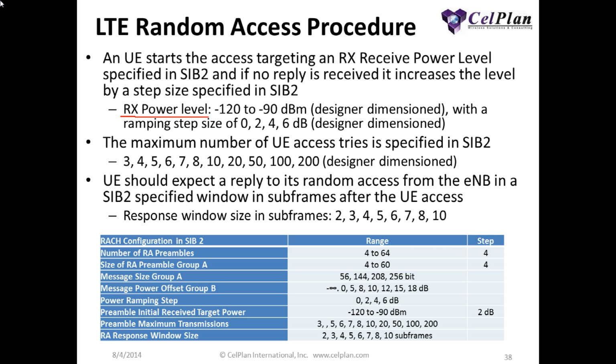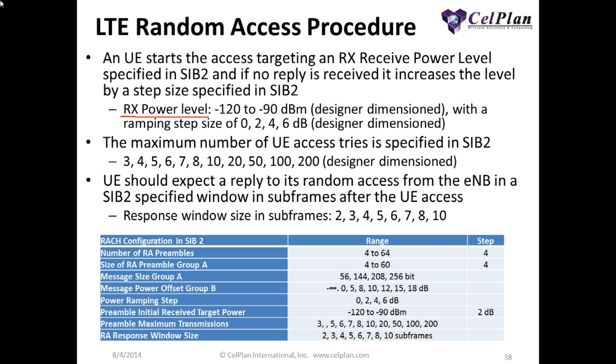Well, the UE doesn't know how far it is. So the only way to place this level inside the target, and the target can be between -120 and -90 dBm. So it's up to the network designer to specify the value. Let's suppose that we specified -100.